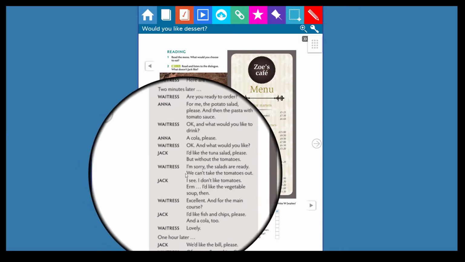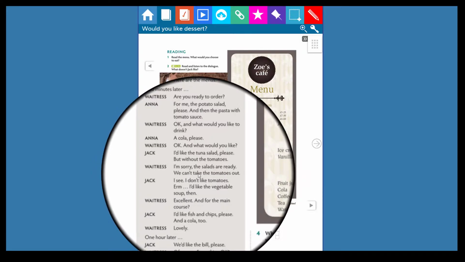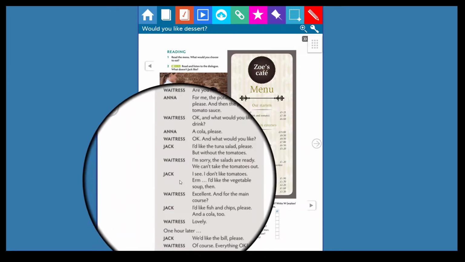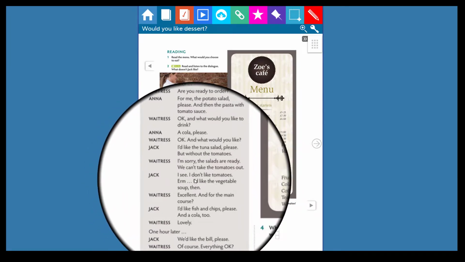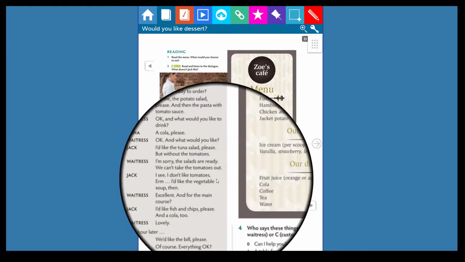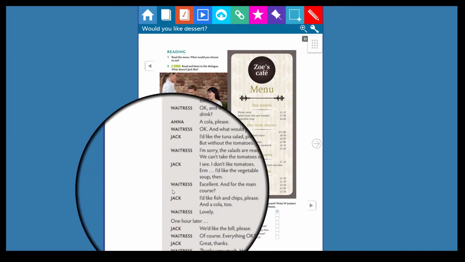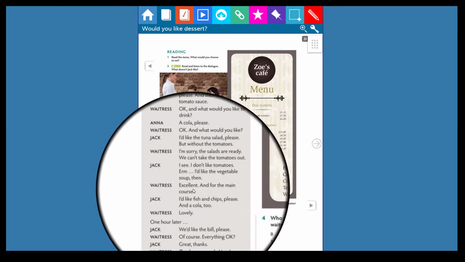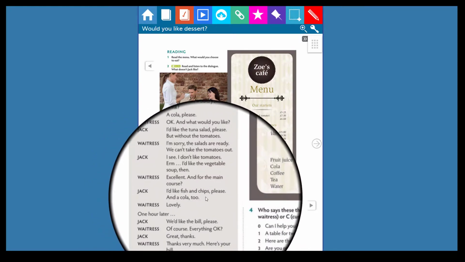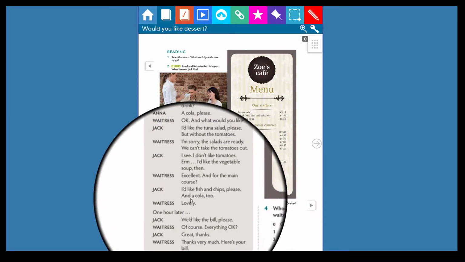The waitress says, "I'm sorry, the salads are ready. We can take the tomatoes out." "I see," says Jack. "I don't like tomatoes. I'd like the vegetable soup then." And the waitress says, "Excellent." "And for the main course, I'd like fish and chips, please. A cola too."